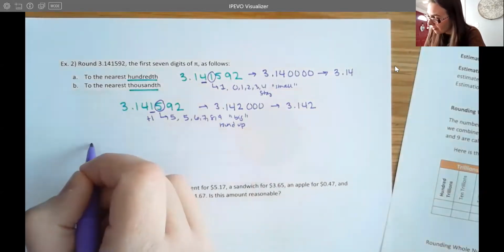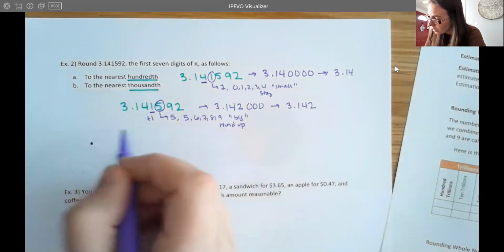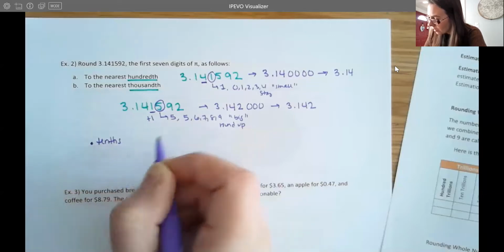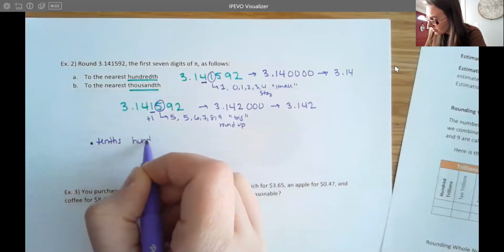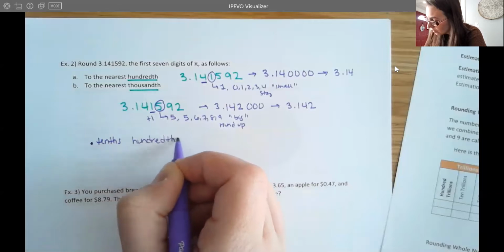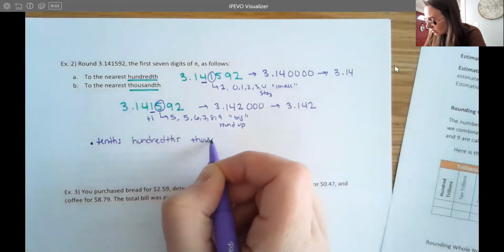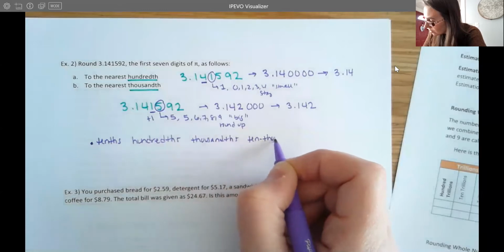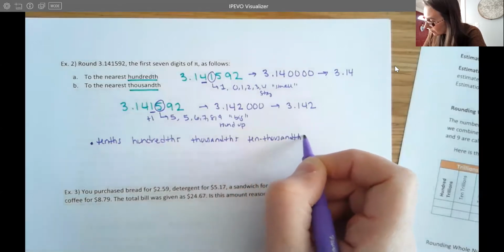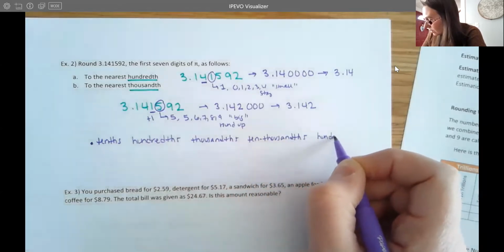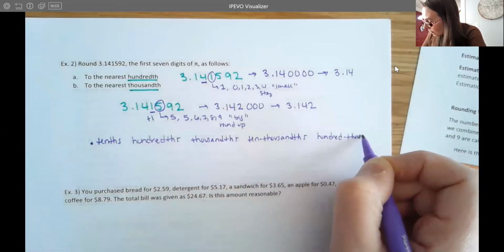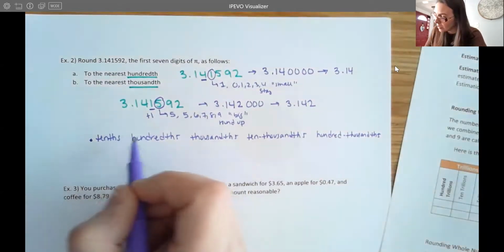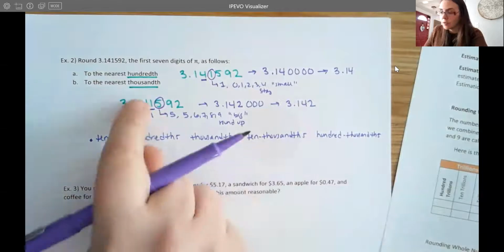So after the decimal point, you have that tens place first, then your hundredths, then your thousands, then your 10,000ths, your 100,000ths, and so on. Okay, so those would be your place values on the right after the decimal.